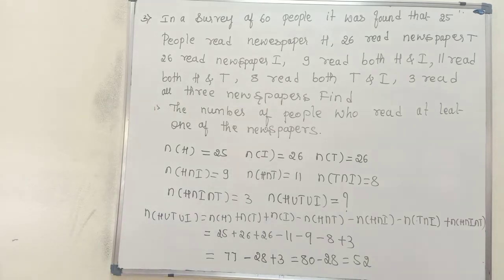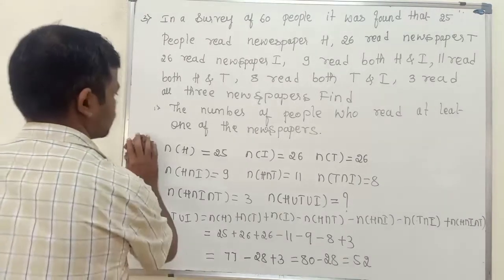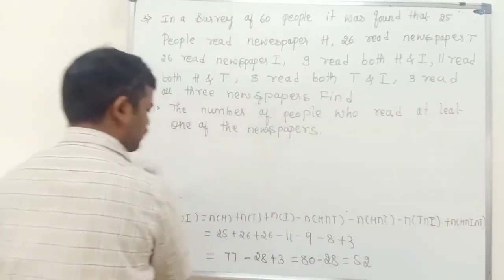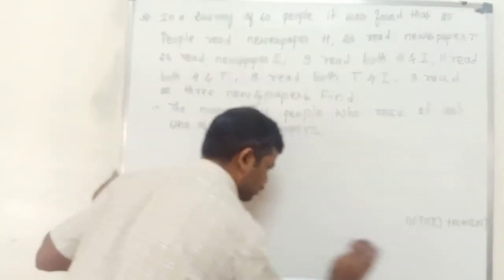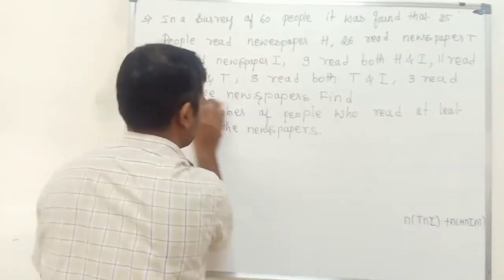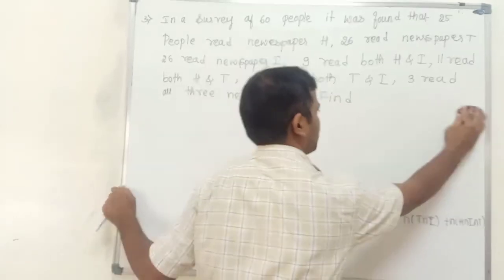Next we move to another question in the same example: the number of people who read exactly one newspaper. To find out exactly one newspaper, we have to use the Venn diagram.